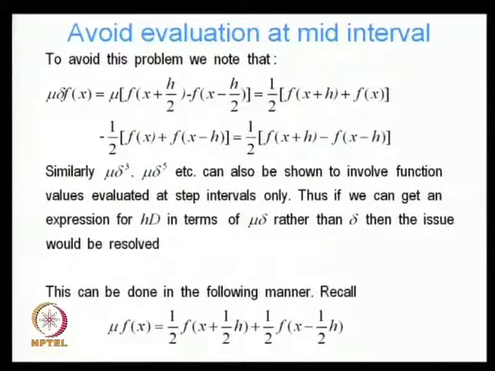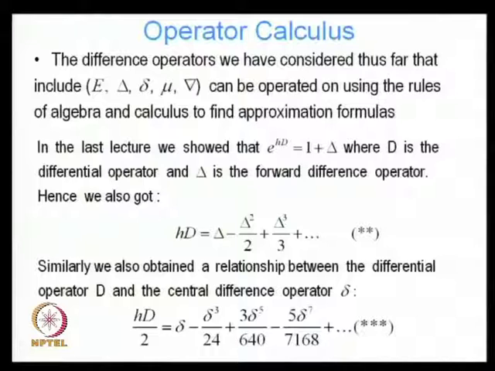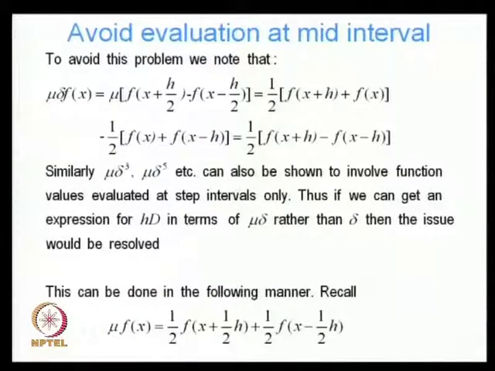By step intervals I mean grid points only. Thus, if we can get an expression for hD in terms of mu delta, mu delta cube, mu delta 5 instead of delta, delta cube, delta 5, then the issue would be resolved, right.